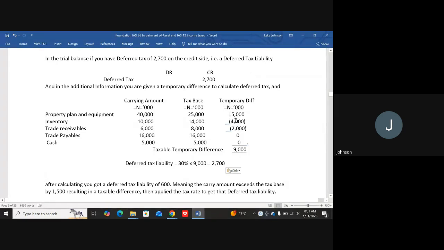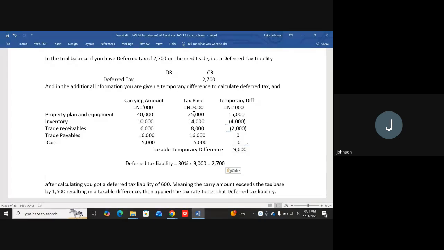So here we have 6,000. We need 6,000 extra, so I want to reduce this. If you say 25,000 plus 7,000, we're going to have this.